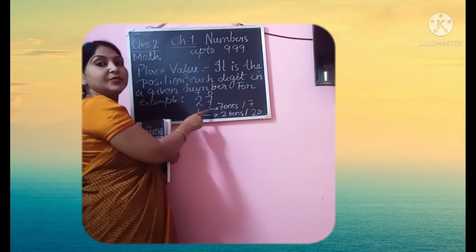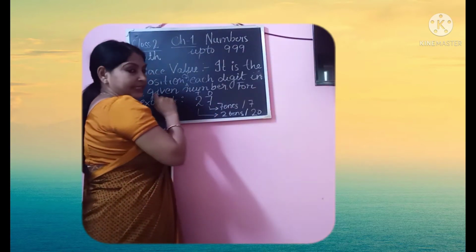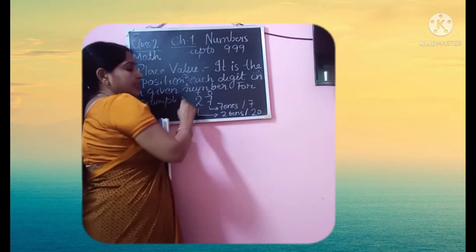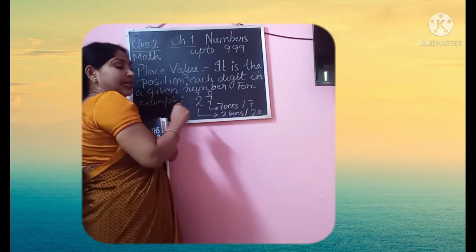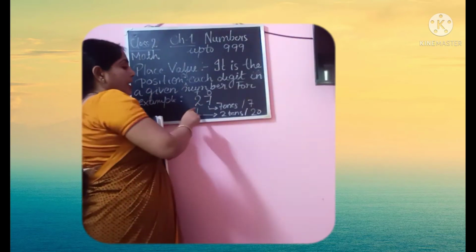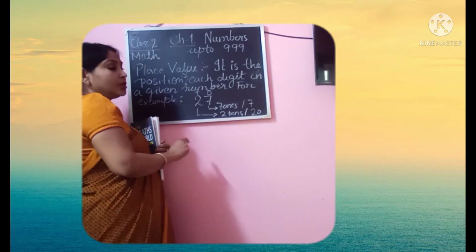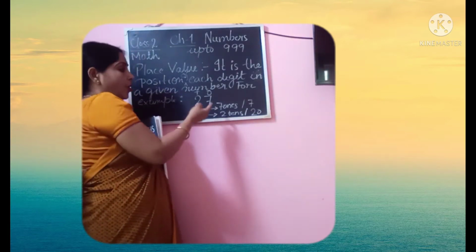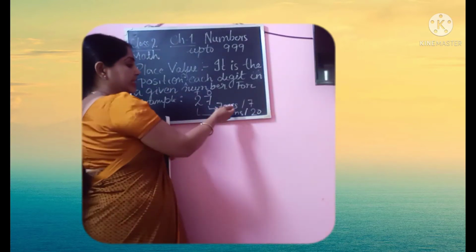Okay. So for example, you can see here, this is 27. Now what is the place value of 7? The place value of 7 is ones. This is ones. So the place value of 7 is 7 ones. Okay. So 7 is in ones place. What is the place value of 2? 2 is in tens place. So when we write the place value of an individual digit in a number, we write in this way.